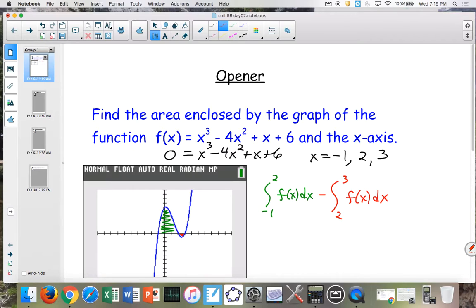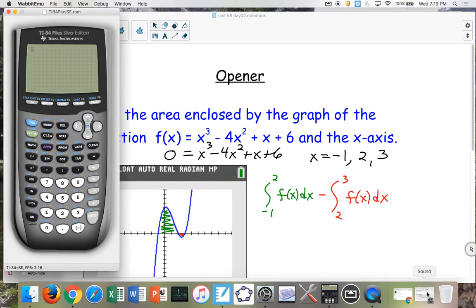Now let's use a calculator to speed up the process. And I won't even bother going to the screen.